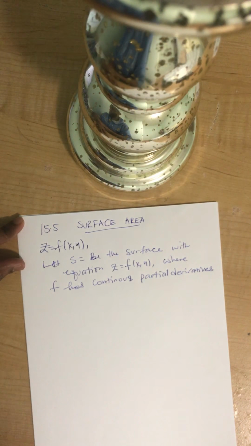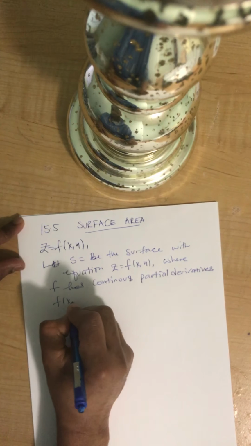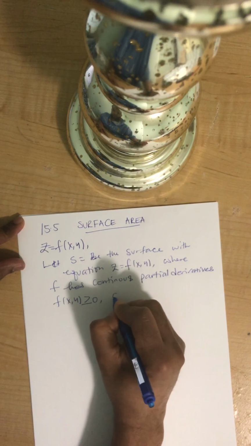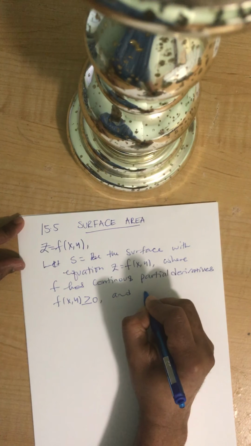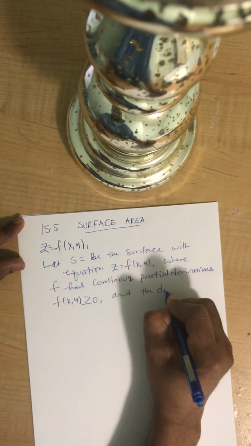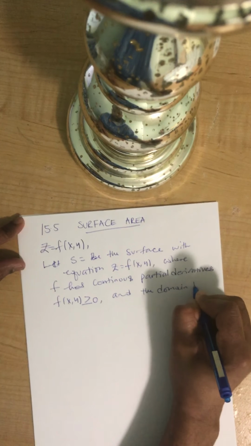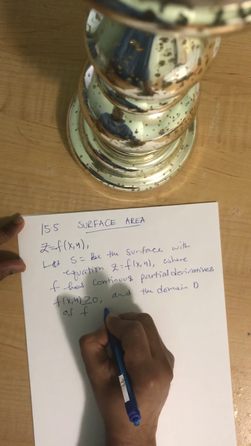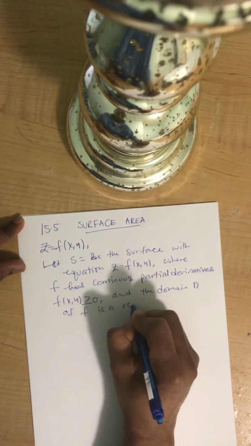Alright, for simplicity in deriving the surface area formula, we assume that f of x, y is greater than or equal to 0, and the domain D of f is a rectangle.